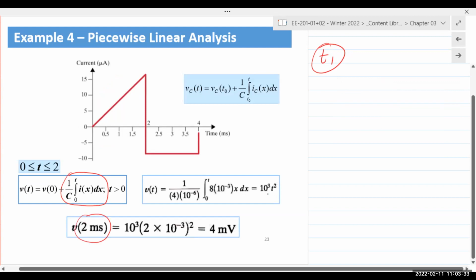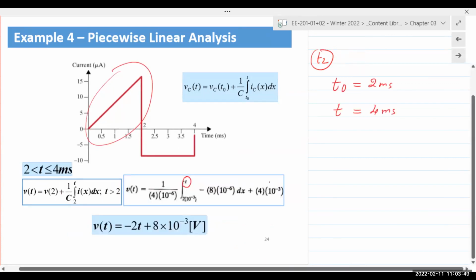I plug in 2 milliseconds in that equation, and I calculate that to be 4 millivolts. Then I carry that 4 millivolts and add it to T2. And that's where that 4 millivolts comes from. This is VC of t0, meaning VC at 2 milliseconds.